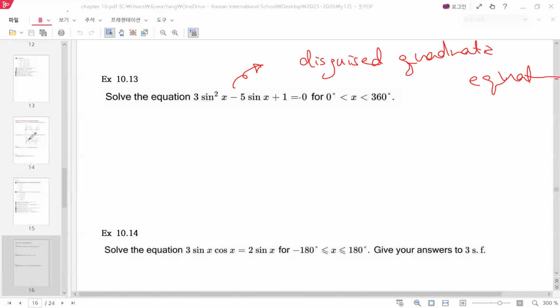Because students, basically, it looks like a quadratic equation, right? So let's substitute sine x as t. Then you can rewrite this equation as 3t squared minus 5t plus 1 equals 0. By using your calculator, please give me the value of t.